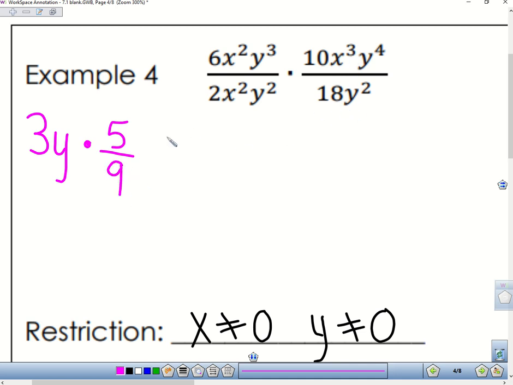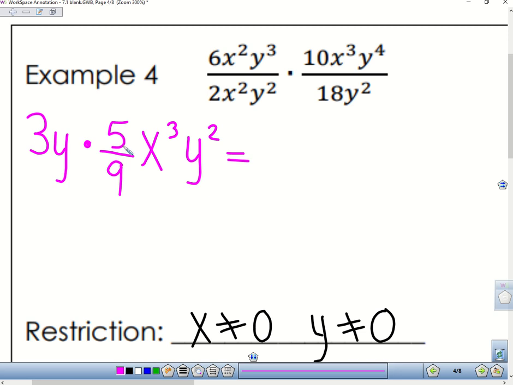It's not divided by anything, so it just stays. That's just reducing 10 eighteenths by dividing top and bottom by 2. So it's x to the third, and then y to the second, 4 minus 2.